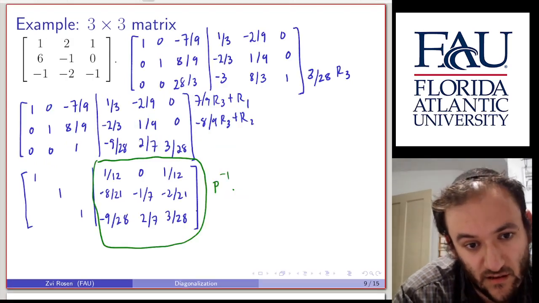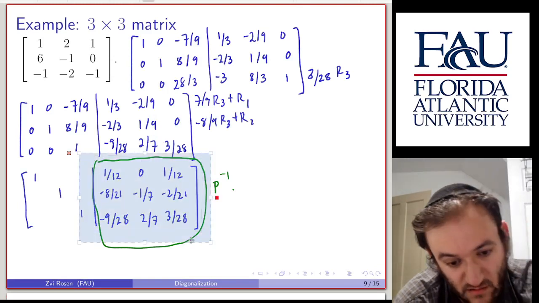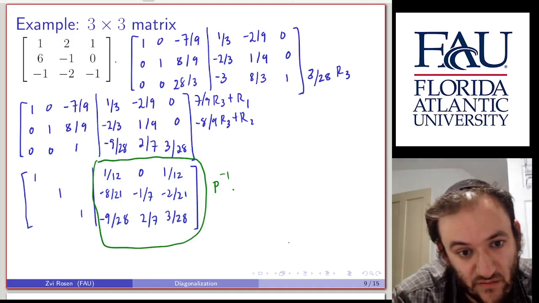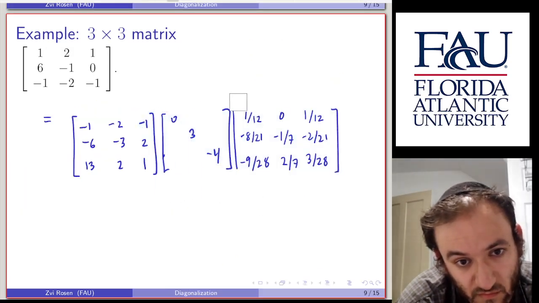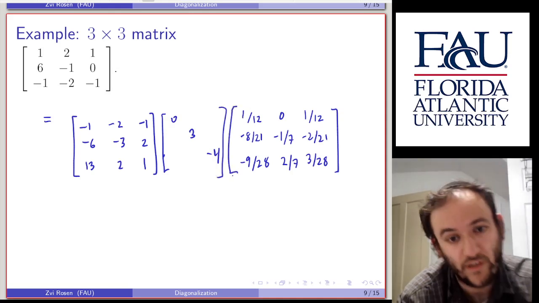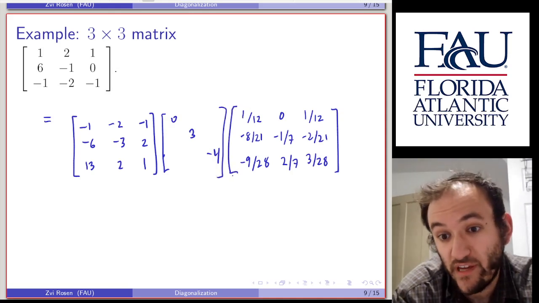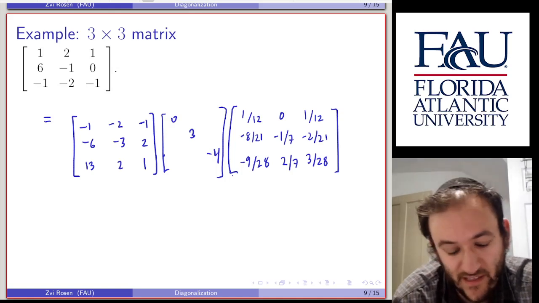And then the inverse matrix, which is our P inverse, which gives us this factorization of our matrix as P D P inverse. Okay, and this is our diagonalization.